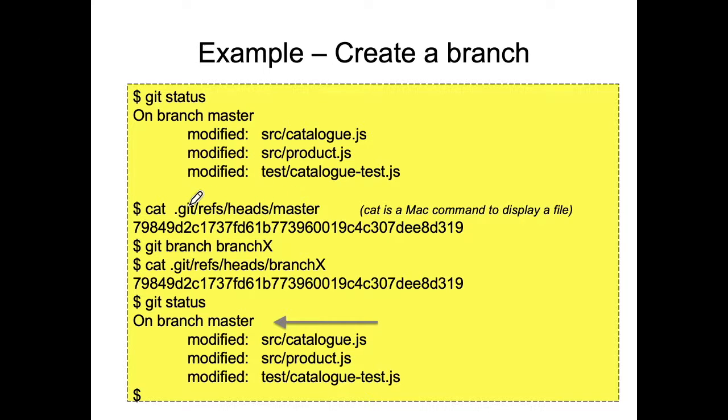So I'm digging down inside my Git repository, right down as far as the master file, and I get back that as my response. Then when I create a branch and cat the contents of the branch file, it has the exact same commit value. So that confirms that both branches are, as we say, pointing at the exact same commit initially. Note when I do git status, I'm still on the master branch.